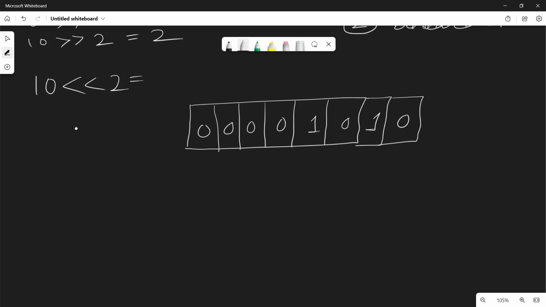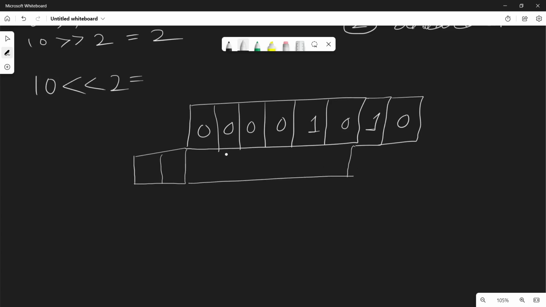Right? So simple. We had to shift 2 bits to the right in the right shift operation. Now I will be shifting 2 bits to the left. That's it, right? So what I do, I will be starting drawing from here. Okay, something like this. 1, 2, and here I will draw only 6.